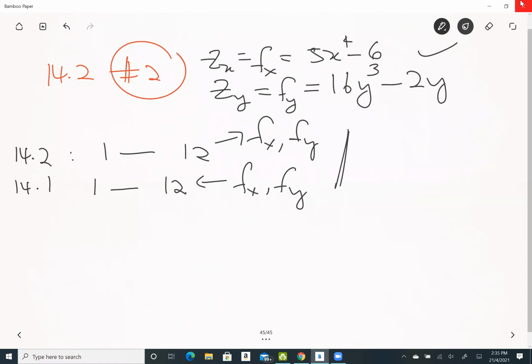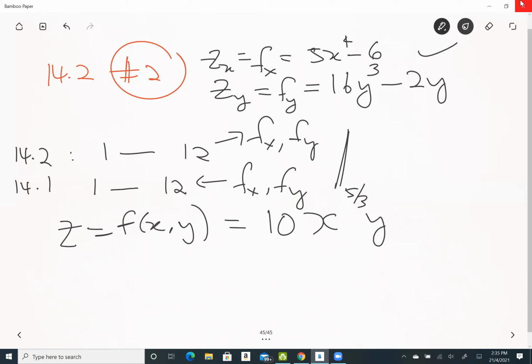Now we look at the multiplicative term or divisive term. So example number 2 is multiplicative. Let's say I got z equal to f of x,y equal to 10x to the power of 5/3, y to the power of 6.